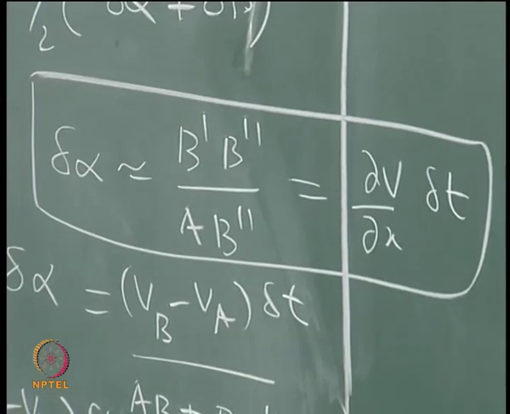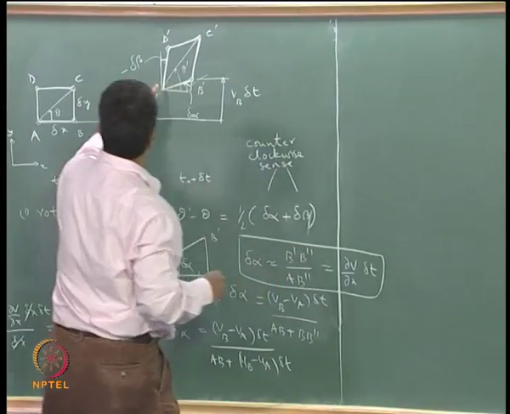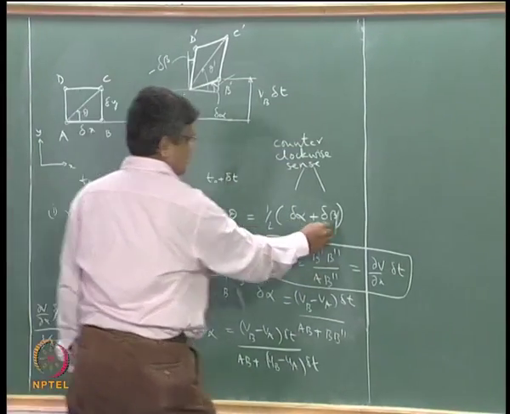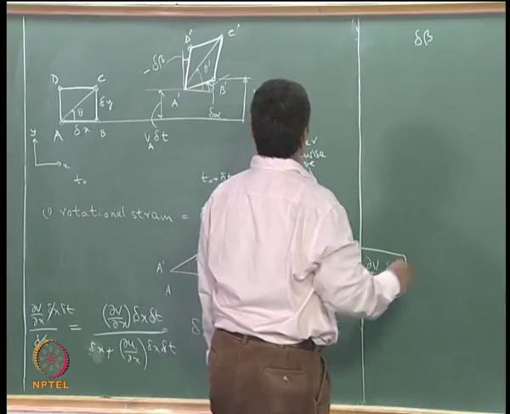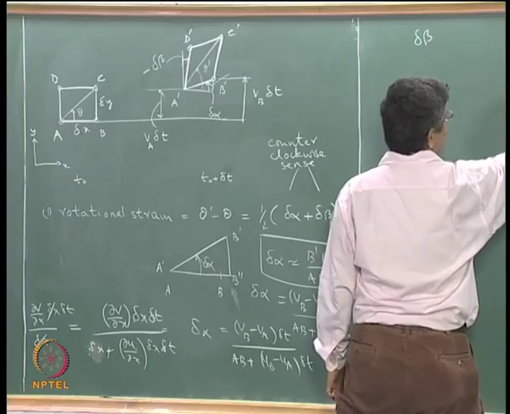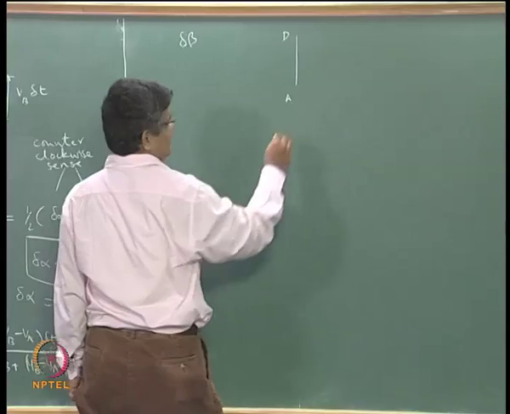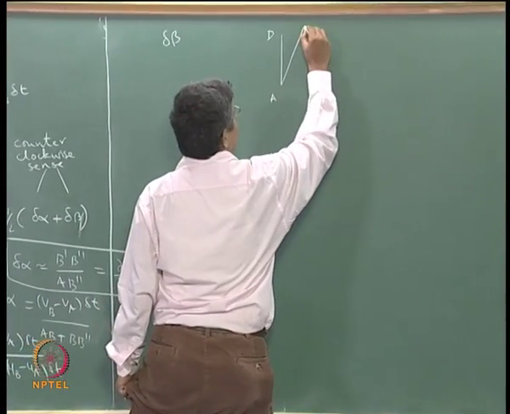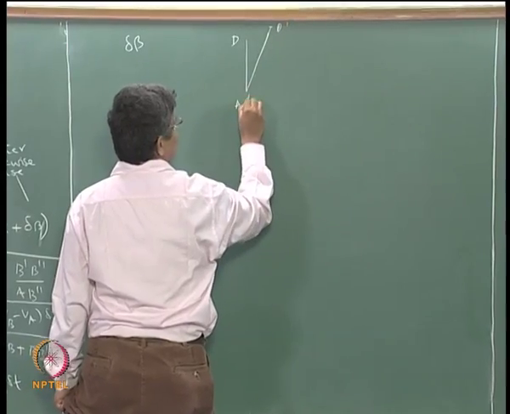Okay. So we can say that, and similarly if you consider delta beta, if you want to get an expression for this, we are looking at AD, which is the original side, and relative to this is our D prime and this is A prime.